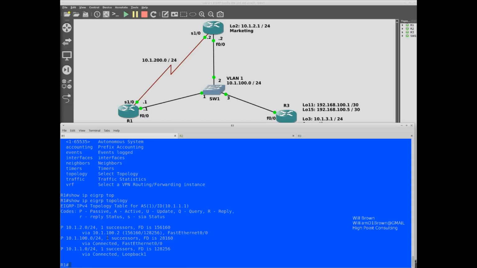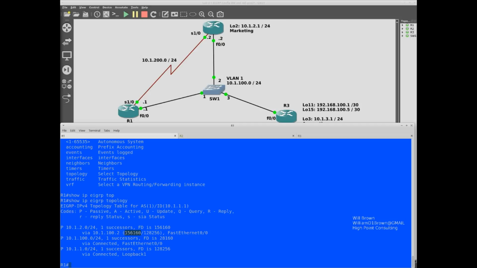Not going to go too deep, but remember that I told you about the feasible distance. This is the reported distance, and this is the computed distance. These are calculations that are a result of the DUAL algorithm, which is a fairly complicated algorithm.